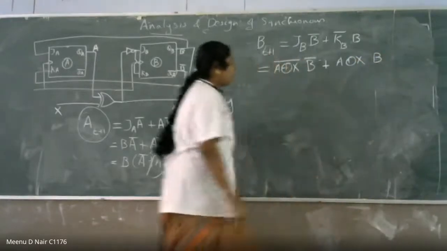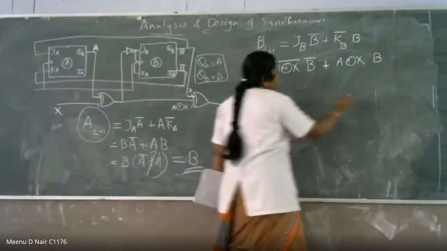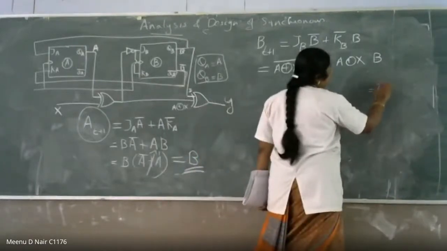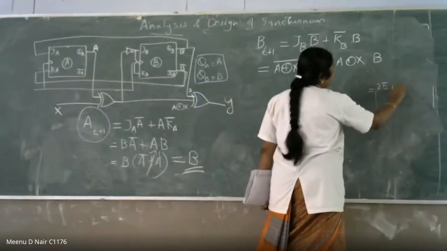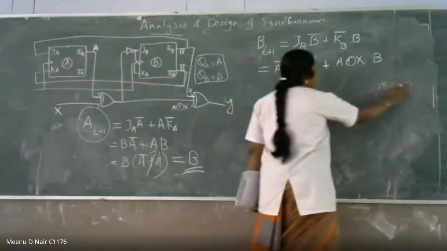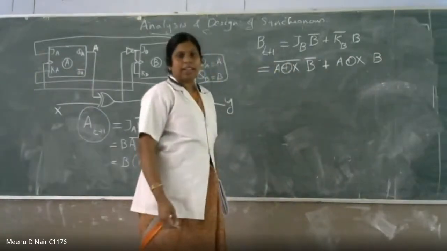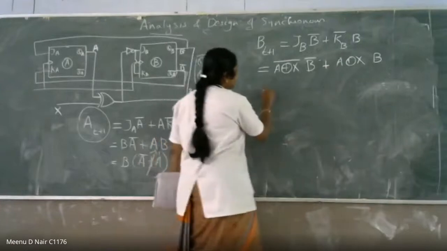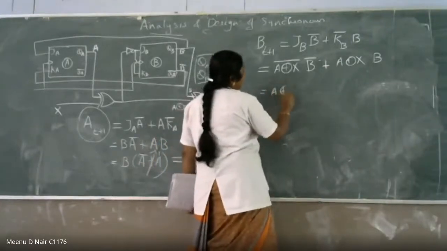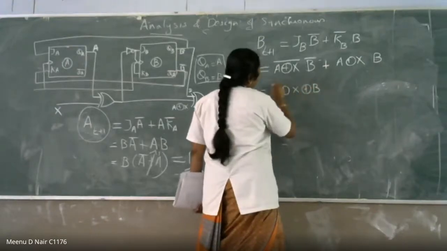A XOR X B. So now this is in the form of A bar B bar plus AB, right? So what is the expression for that? That is the XNOR gate. So you can write it as A XOR X XOR B whole bar.